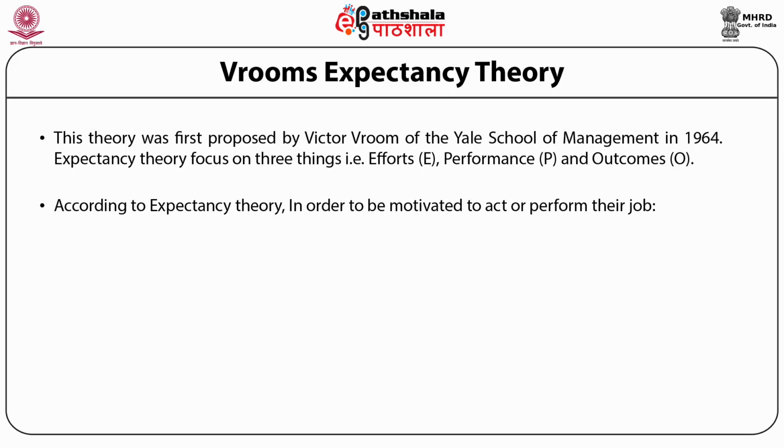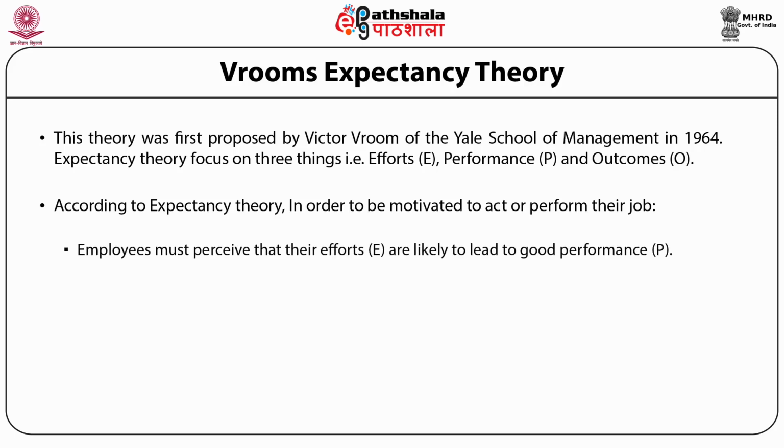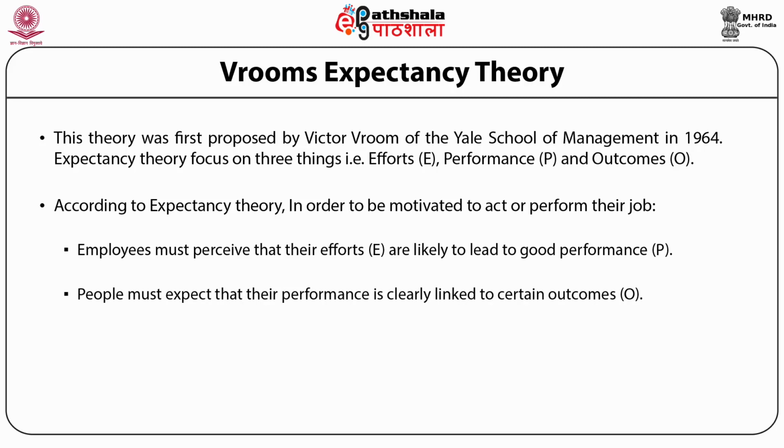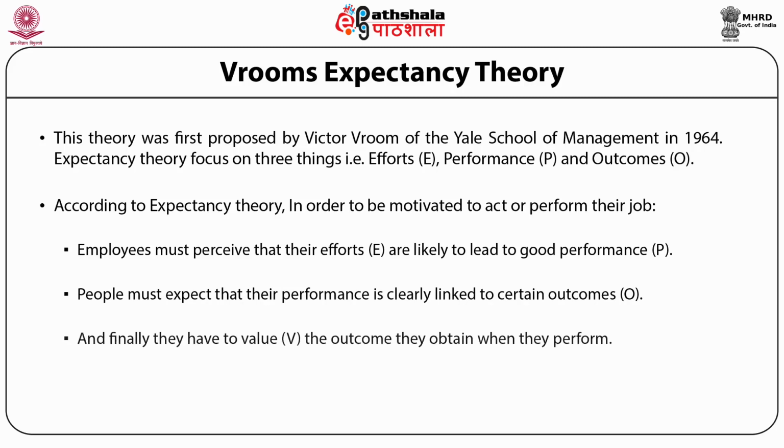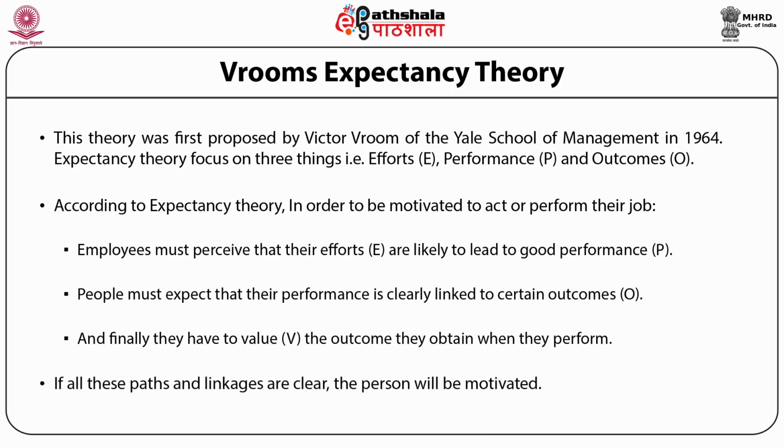In order to be motivated to act or perform their job, employees must perceive that their effort is likely to lead to good performance, and their performance will give the desired outcomes. And finally, they have to value the outcome they obtain when they perform. If all these linkages are clear, then the individual will be motivated.